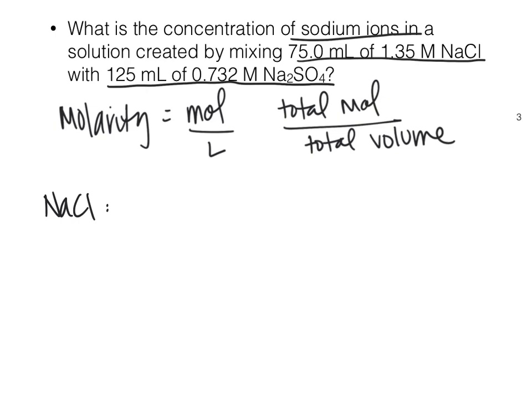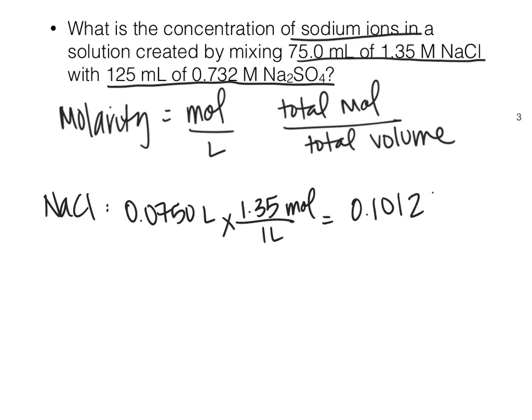So if we take our 0.0750 liters, multiply that by the molarity of 1.35 moles in 1 liter, we get that there are 0.10125 moles of NaCl. Now, it only asks about the sodium ions.